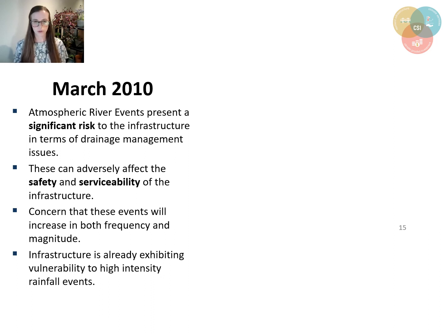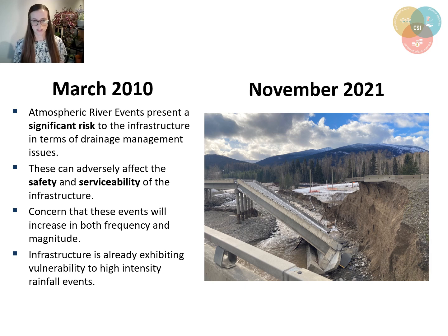They also were worried that these could increase in the future in both frequency and magnitude, and this was more concerning because there was already vulnerability in the system. And unfortunately, what they found in November 2021, very recently, is that one of these atmospheric river events did occur, and you can see here that this bridge in the highway segment that was assessed was completely washed out.